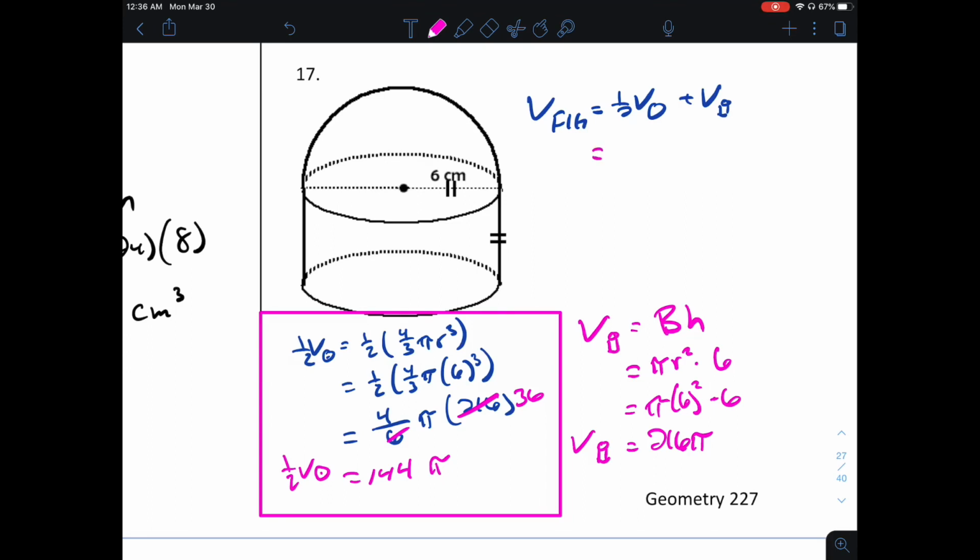So if we add 144 pi plus 216 pi, let's see, we're going to get 360, I believe.